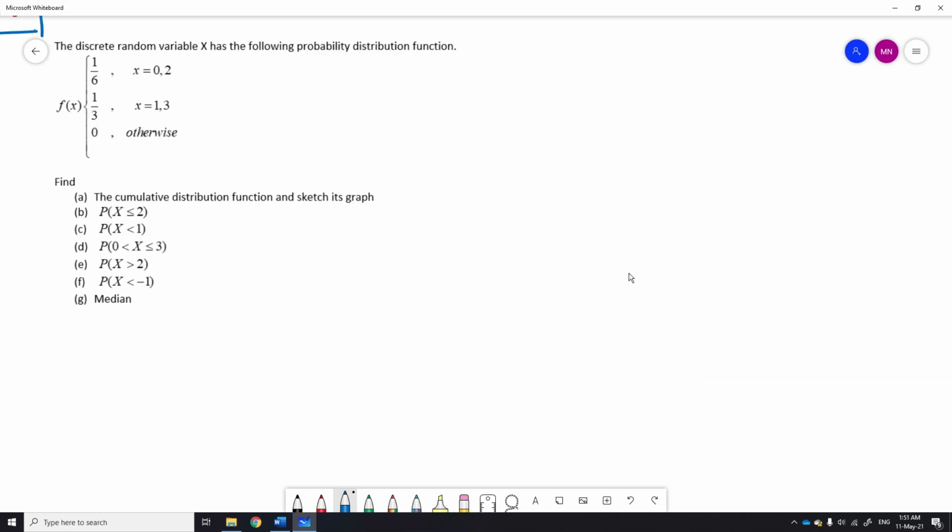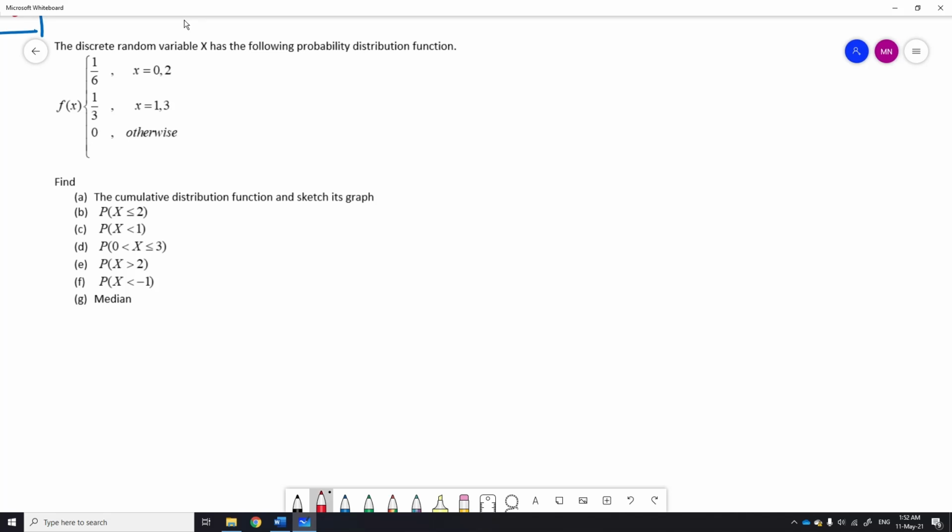Okay, now let's look at another example. A discrete random variable x has the following probability distribution function. Find A, the cumulative distribution function, and sketch its graph. In order to form the cumulative distribution function, we have to calculate each value of the cumulative distribution function.